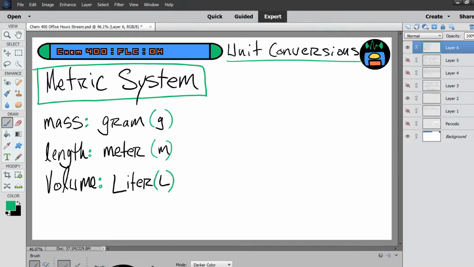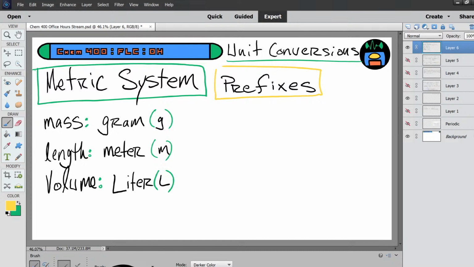And they do this by using a system of prefixes. There is a prefix system that is employed that allows us to modify the metric units.